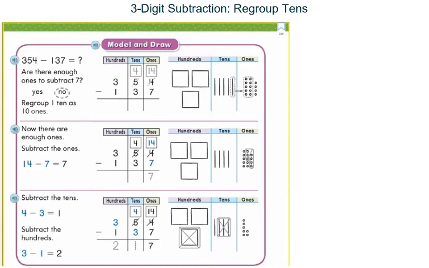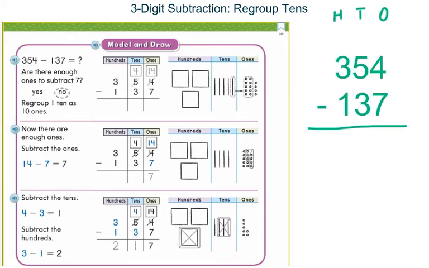Now let's begin with our class. 3-digit subtraction, regrouping in the tens. We're going to go over the model and draw that is on page 310. As you see here, the example says that we have 354 minus 137.